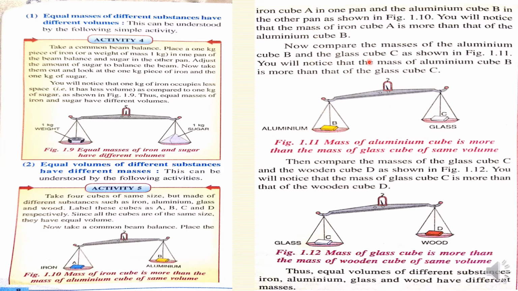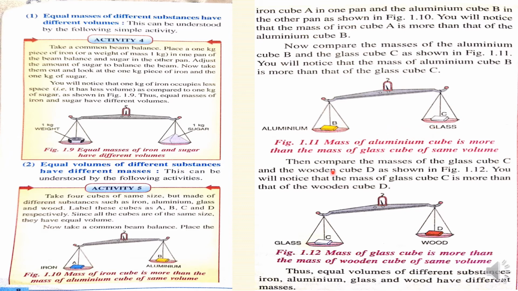Now compare the masses of aluminium cube B and the glass cube C as shown in the figure. You will notice that the mass of the aluminium cube is more than the glass cube C. Yes children, it means the volume, the space they are taking, is the same, but aluminium is heavier than glass.